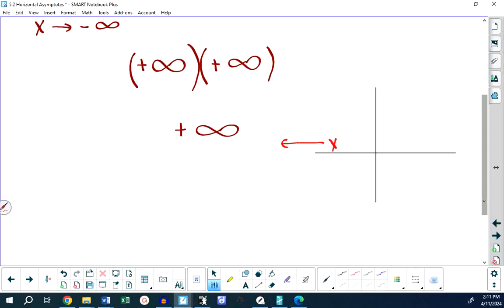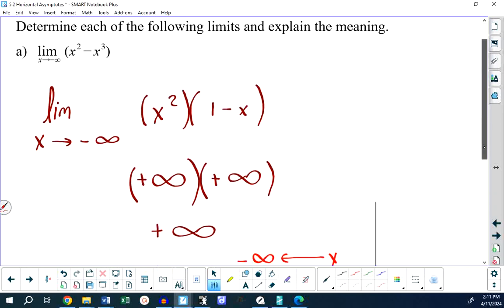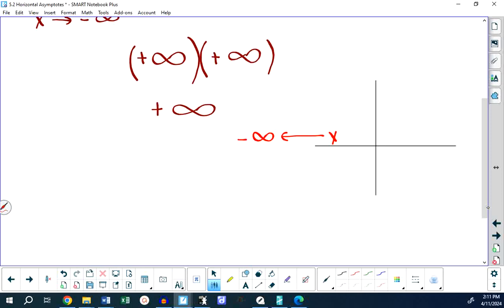So x is approaching negative infinity. Why am I talking about negative infinity when the answer is positive infinity? Because the limit was as x was approaching negative infinity. What is this telling you that the limit is equal to positive infinity? What is that telling you? It's telling you that as you go further to the left, y goes further up.